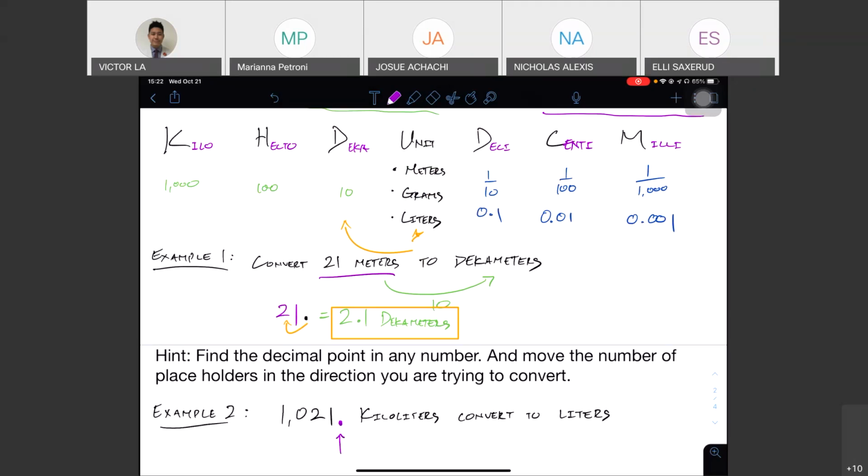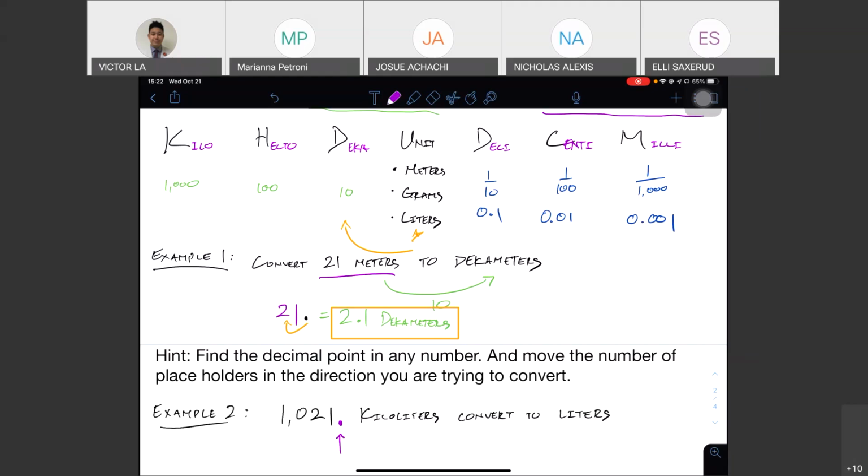And now when you're looking at this chart, where's kiloliters? It's on the far left. Where are regular liters? They're in the center. So you're moving from left to right. How many places do you have to move from kilo to get to liters?